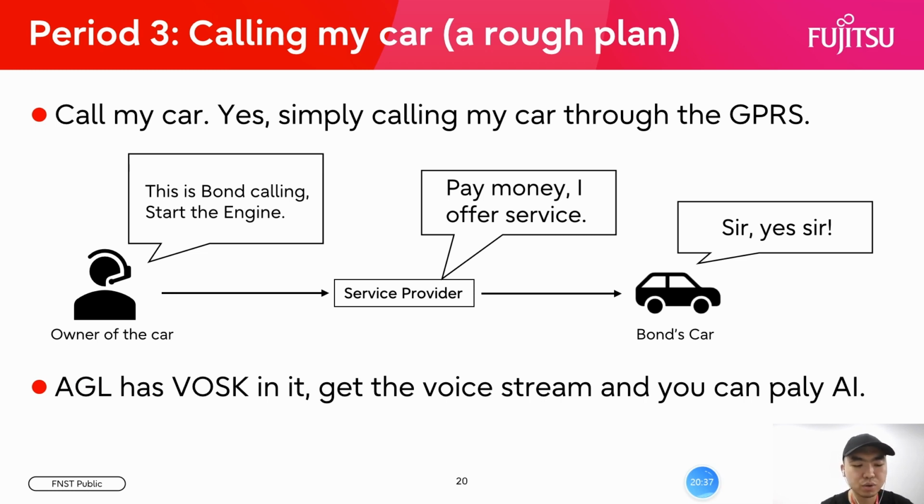So you can deploy voice recognition AI on AGL, and you can just simply call your car. For example, Bond is calling, start the engine, and the data goes to the service provider. Of course, you have to pay them money, and they will offer you service. Later on, the message data is going to be transferred to Bond's car, and Bond's car will say, yes, sir.